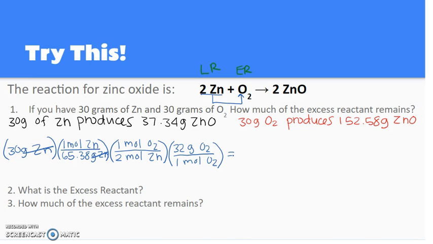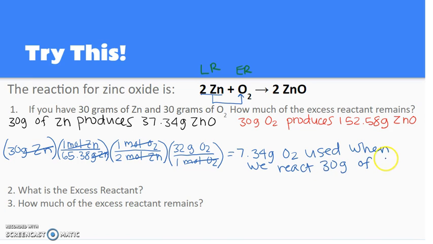If I do some math here, we end up getting an answer of 7.34 grams. If we cancel out all of our units, this 7.34 grams is the amount of oxygen used when we react 30 grams of zinc.